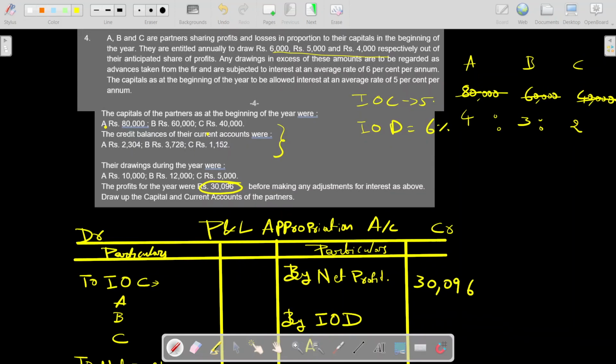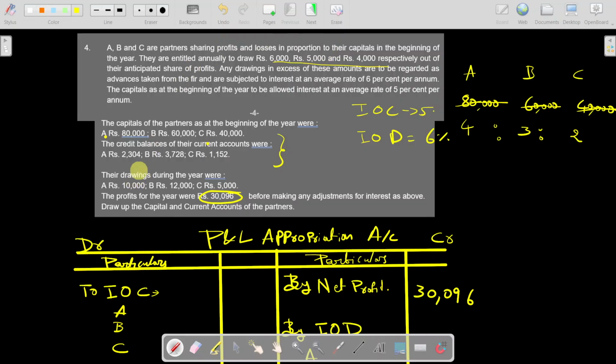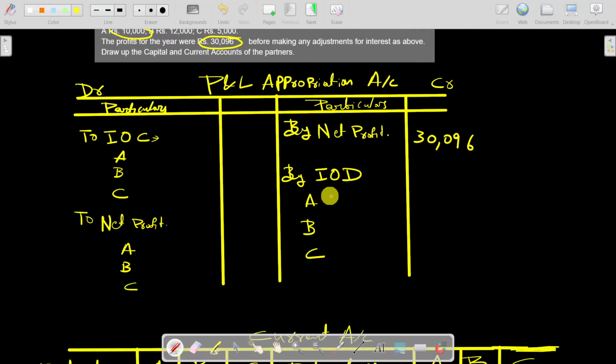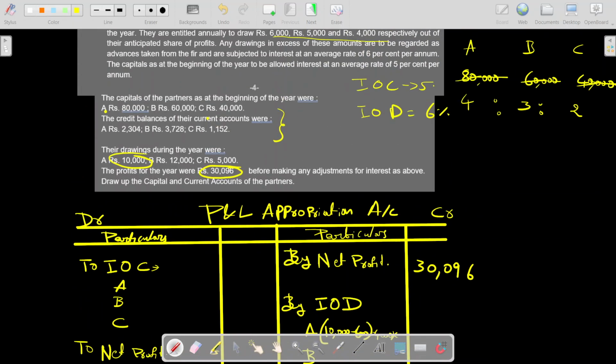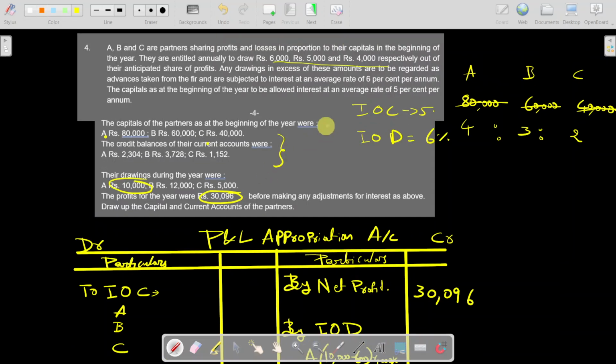So how much did A take? A took 10,000, but the allowed amount is 6,000. So how much is the excess? 4,000 is the excess. So 10,000 minus 6,000, 4,000. What is the interest on that 4,000? Here it is given: any drawings in excess of these amounts are to be regarded as advances taken from the firm and are subjected to interest at an average of 6% per annum.